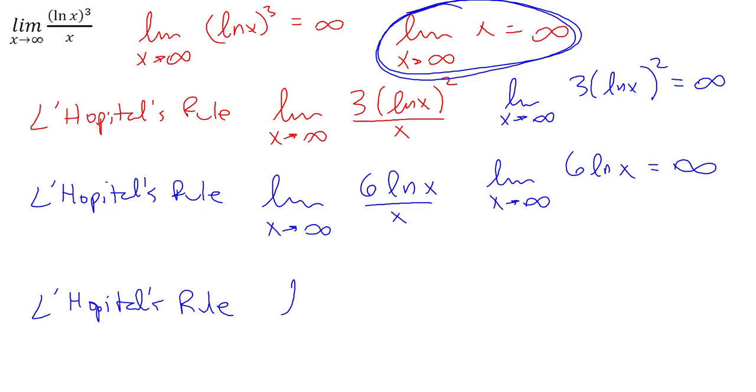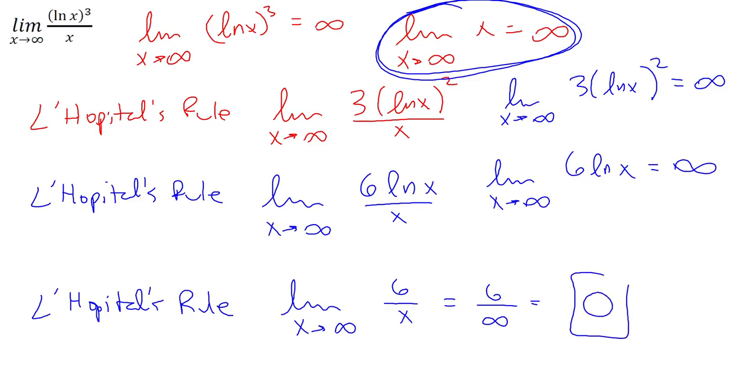And this time we end up with a limit as x approaches infinity of 6 times ln x's derivative, which is 6 over x. And then the derivative of x is just 1. Once again, we don't need that over 1, so we'll get rid of it. And this just becomes 6 over infinity. And 6 over infinity is, of course, 0.